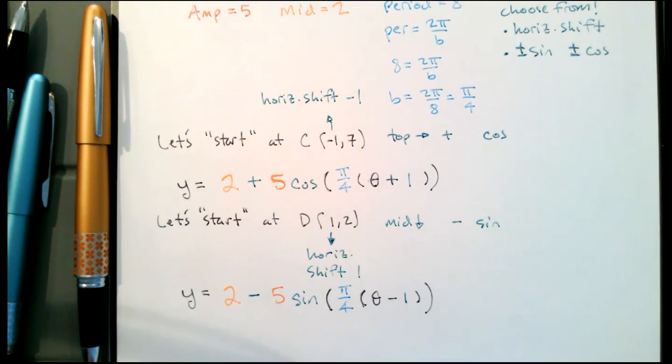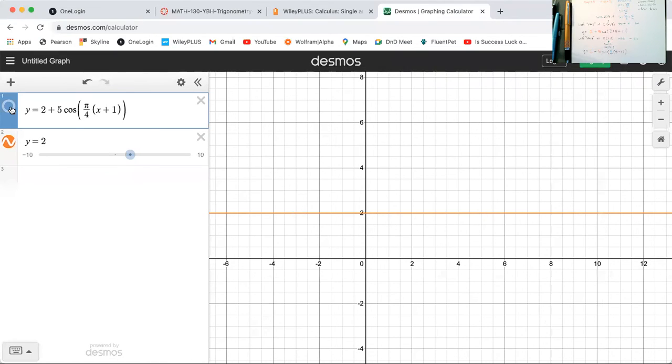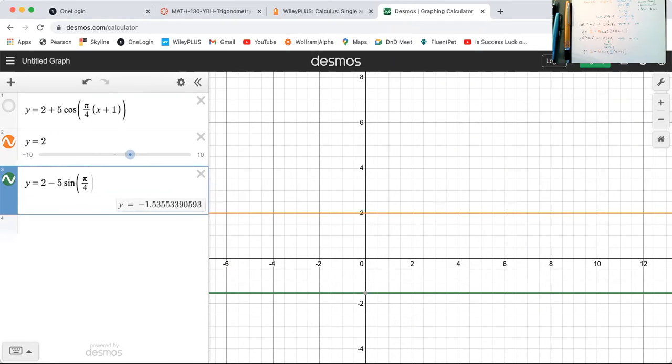Let's take this equation over to Desmos to make sure it gives us the same graph. So let's turn off our original, start a new one, and type in y equals 2 minus 5 times the sine of pi over 4.